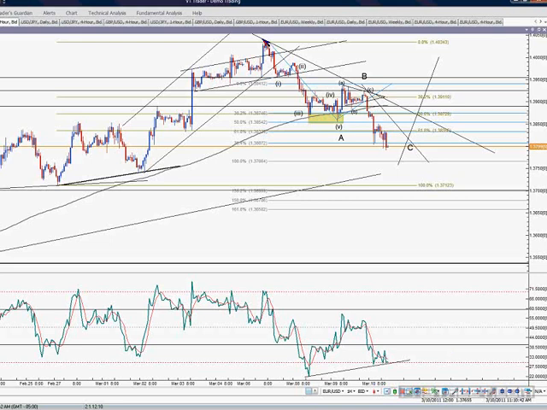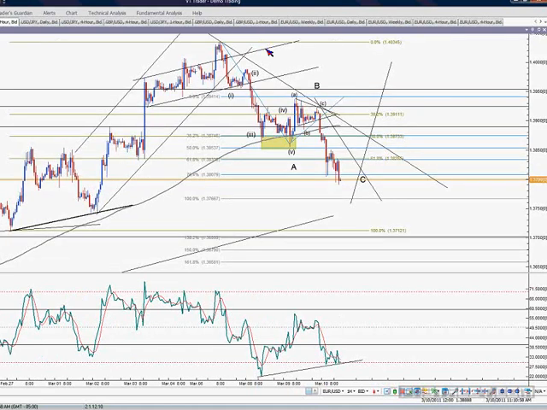This is A, B, C. Now, if the market comes back up and fails to break back above 1.3850 and then continues back down, we could be developing a bearish impulse wave, which means the correction is not over and we'll be extending it between 1.40 and wherever this ends, 1.37, 1.3650. There would be a huge range, and we could be in a flat, or we could be in a triangle.